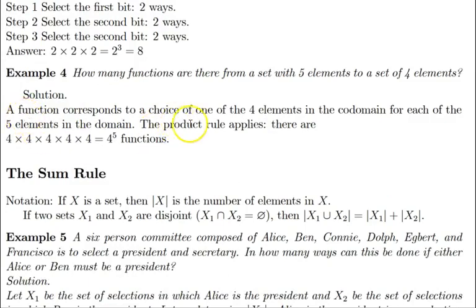A function corresponds to a choice of one of the 4 elements in the codomain for each of the 5 elements in the domain. So we can do this in 5 consecutive steps. The product rule applies. Each step has 4 outcomes. Altogether, the product of 5 fours. It is 4 to the 5th.